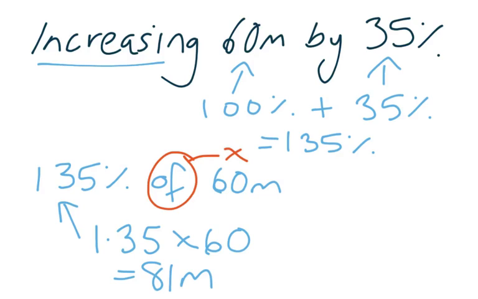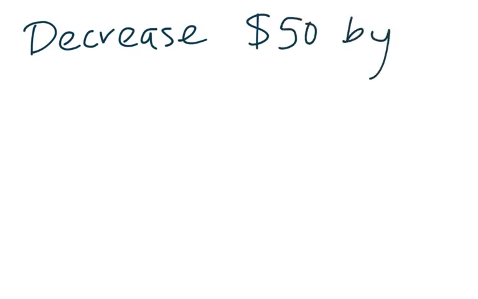So 81 metres is 135% of the original amount, which is what we needed to increase it by 35%. If we then look at a decrease, decrease $50 by, let's just do 35% again, keep it the same.